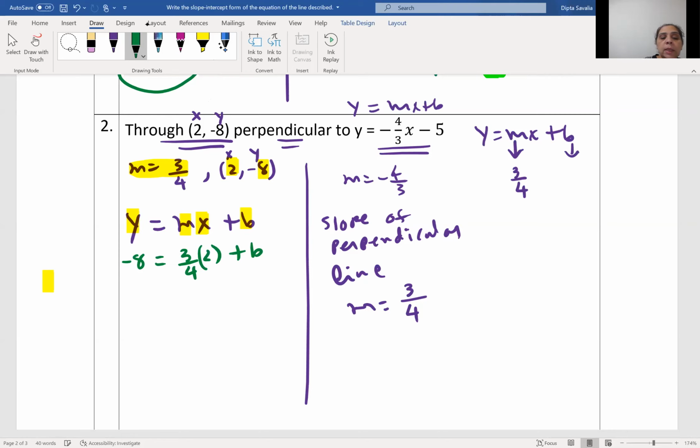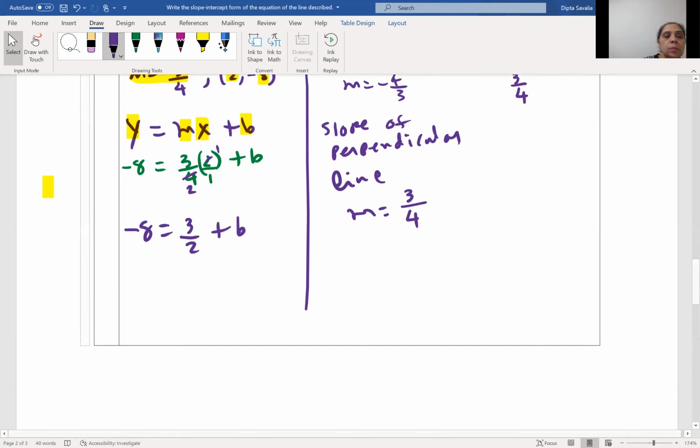So here we can see we have fraction multiplication, so you can write 1 under, and you can reduce this. So you have 1 here and 2 here. So now we have negative 8 equal 3 over 2 plus b. So we can subtract 3 over 2. So we have negative 8 minus 3 over 2 on one side.